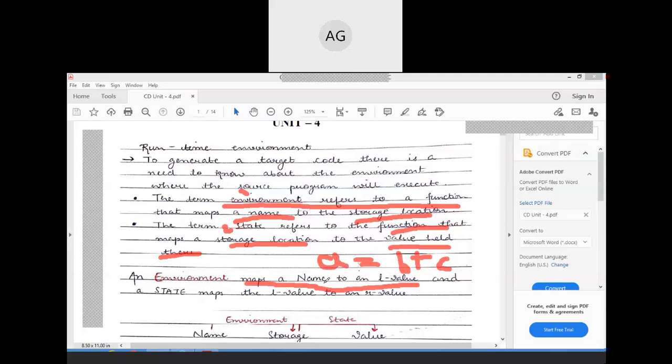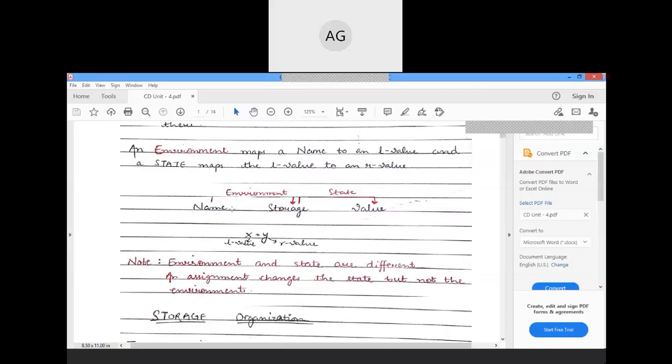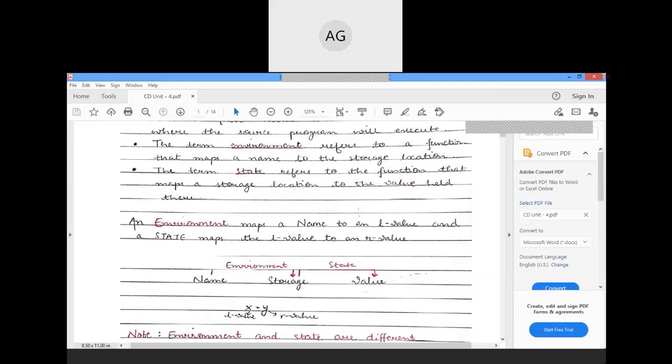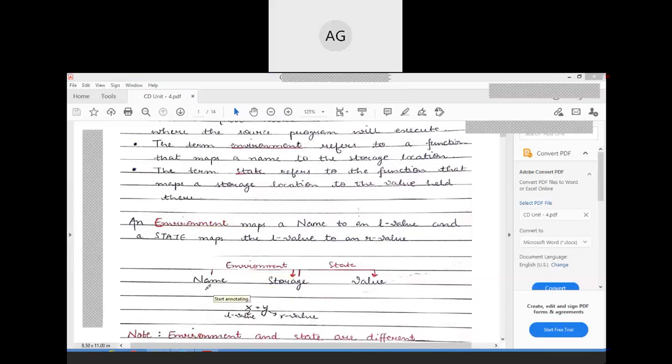So an environment maps a name to an L value because it is written on the left hand side of the equal to sign, and a state maps the L value to an R value. You can also see this in the diagram, which is just a representation of it. An environment maps the name to the storage, whereas a state maps the storage to the value.